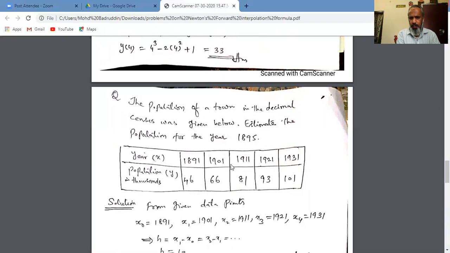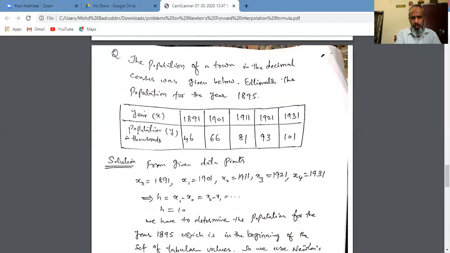So what is the difference between the given values of x? 1891, 1901, 1911, 1921, 1931 means every 10 years we have to find the population, as the census is done every 10 years. So h is 10. What is h? h is the length of the interval, that is 10.